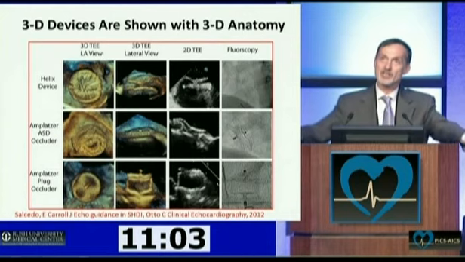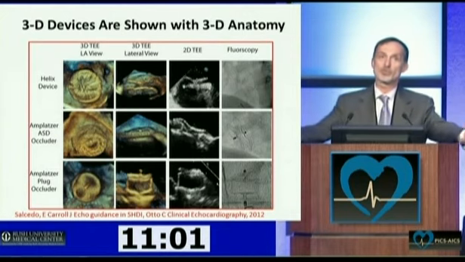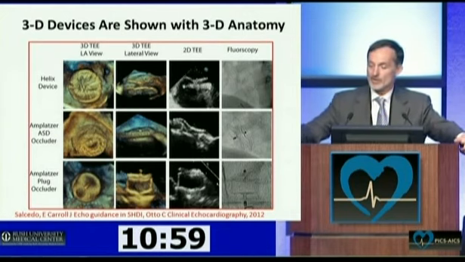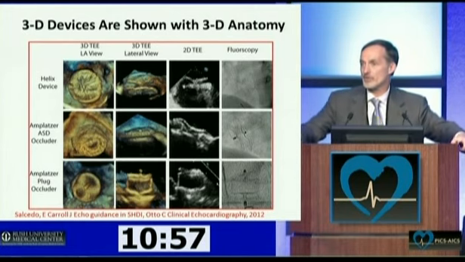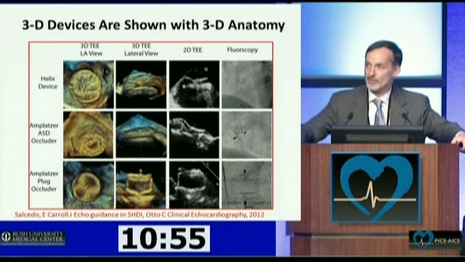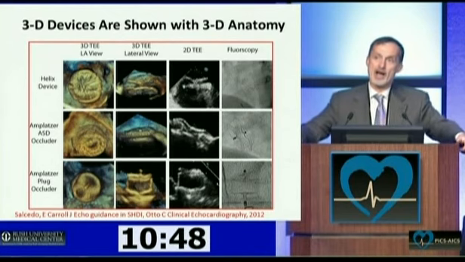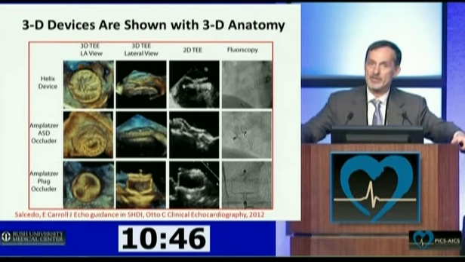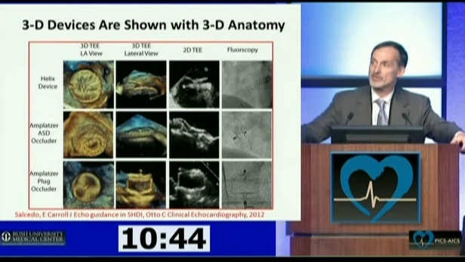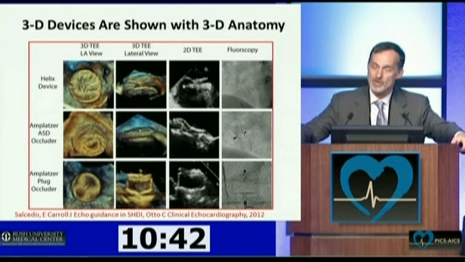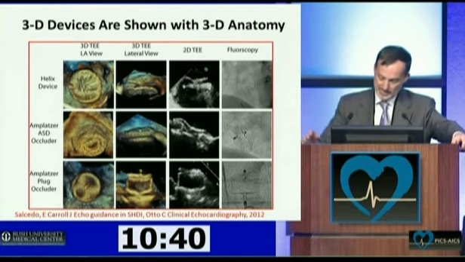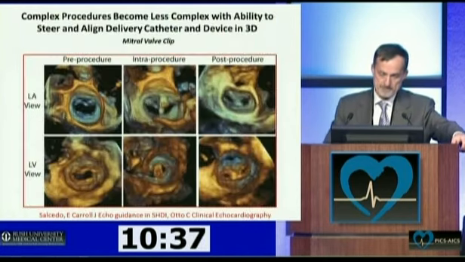Secondly, we see images of devices with anatomy. So inherently different from X-ray imaging of a variety of different interventions where we see very well the device because it was optimized for fluoroscopic imaging, but now we can see both the soft tissue and the device itself with 3D.